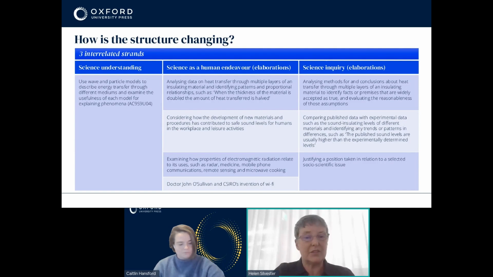So how are the strands changing? You will remember that we have three key strands. Science understanding, and science as a human endeavour is a separate strand. In the previous Victorian curriculum, it was put under science understanding. It's now come back out and is a separate strand. And we have science inquiry, which is different to the science inquiry skills.